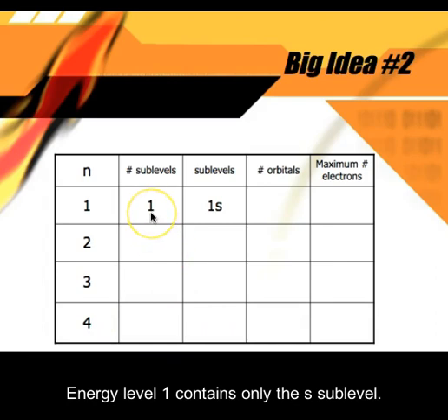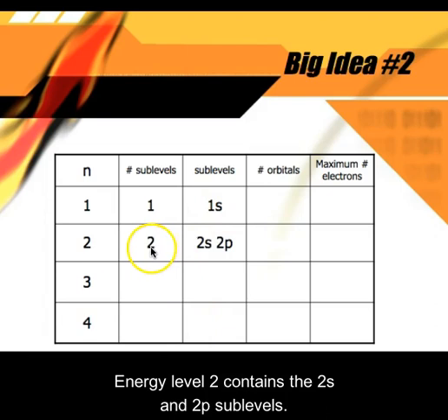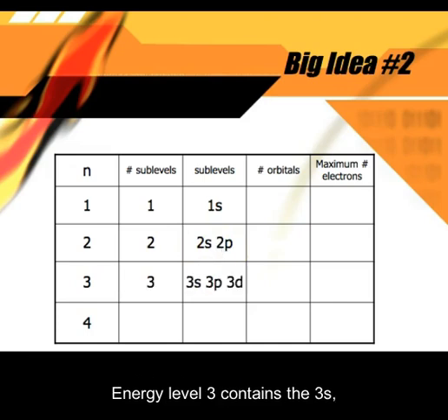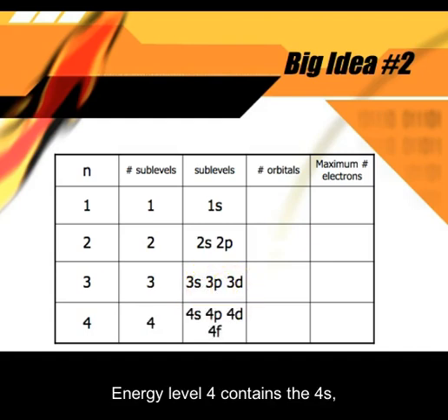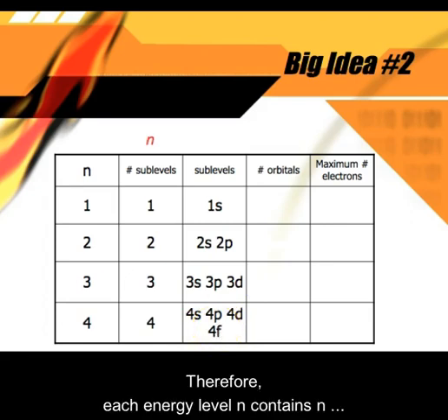Energy level 1 contains only the s sublevel. Energy level 2 contains the 2s and the 2p sublevels. Energy level 3 contains the 3s, 3p, and 3d sublevels. Energy level 4 contains the 4s, 4p, 4d, and 4f sublevels.